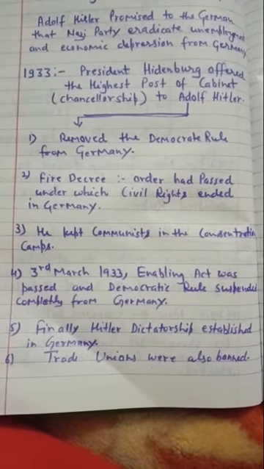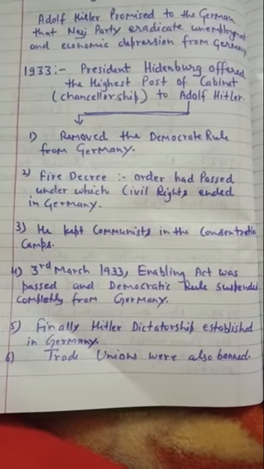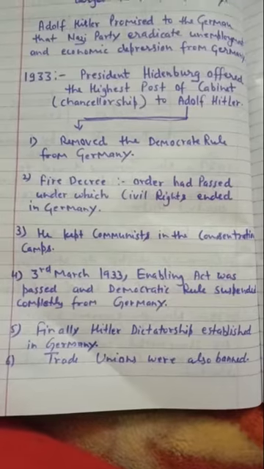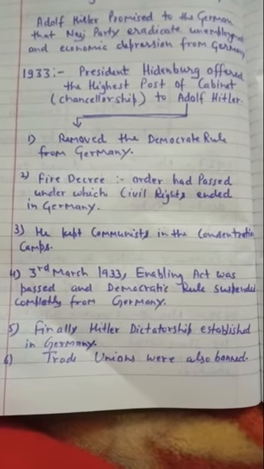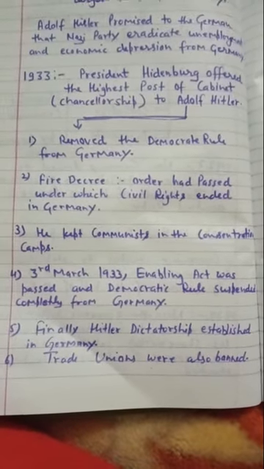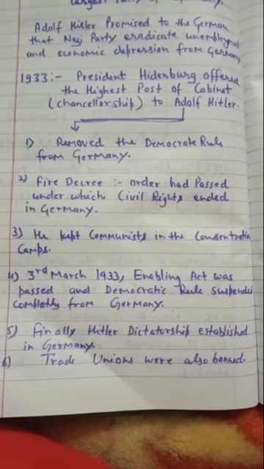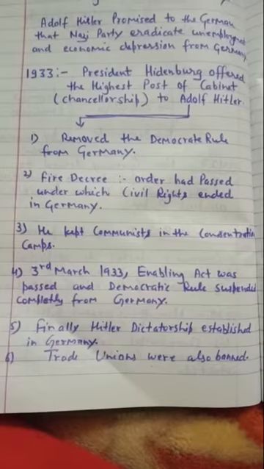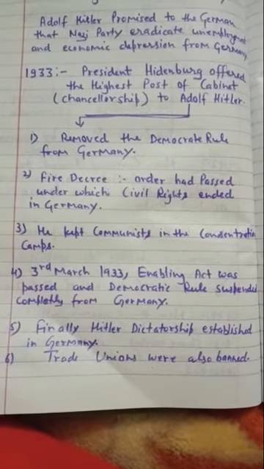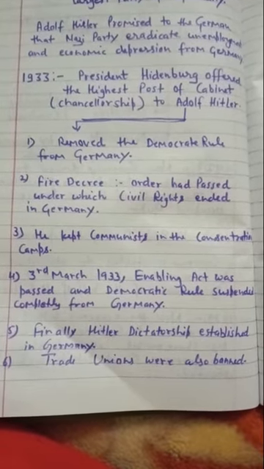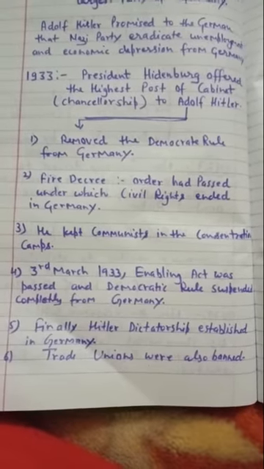As you know, Adolf Hitler was a pure autocratic ruler, and that's why when he was appointed chancellor in Germany, he wanted to end any type of democracy from Germany, because he wanted to create his own autocratic rule.